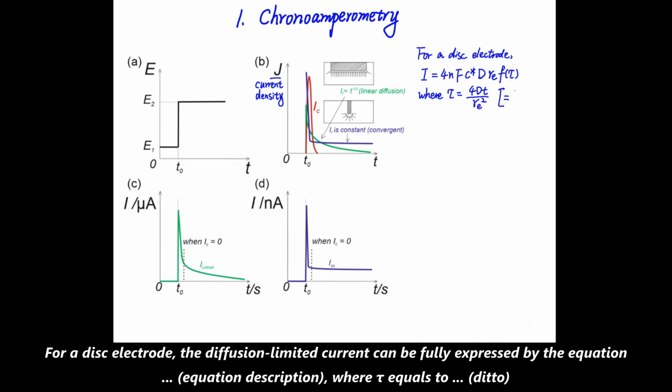So the dimensionless time can be understood as the ratio of the diffusion layer thickness to the electrode dimension.